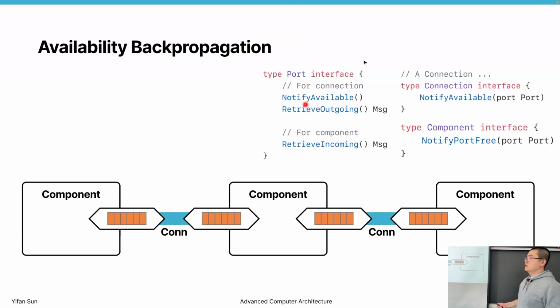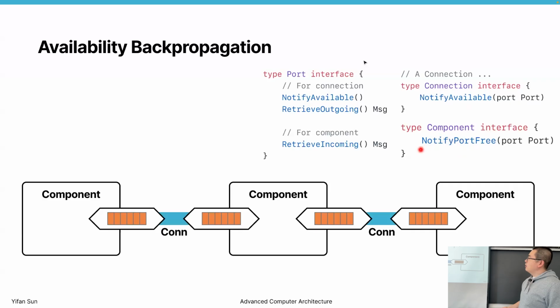The connection calls the port's notify available, saying this connection is available, you can start to send something to me. And for a connection, the port calls notify available to tell the connection that this port is available. So the connection will put something into this port.